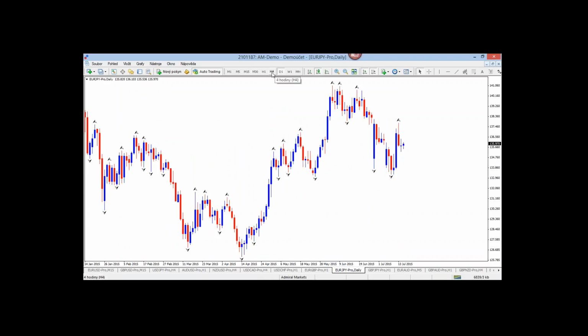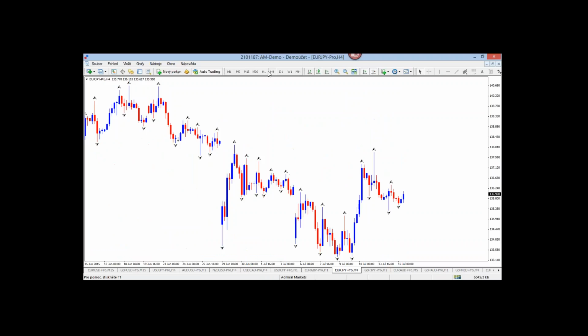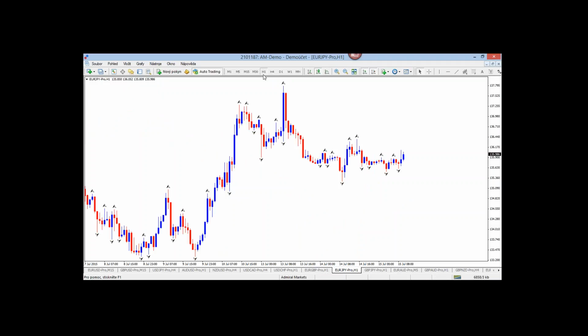Quickly scanning a couple of charts here. Well, it looks like a good correction. It's maybe a small inverse head and shoulders here.